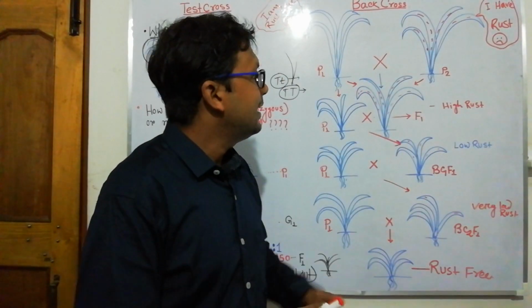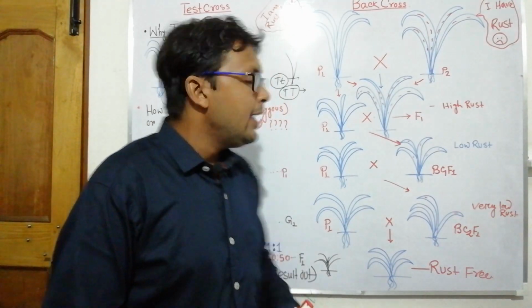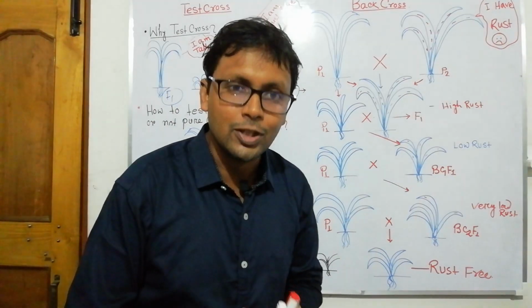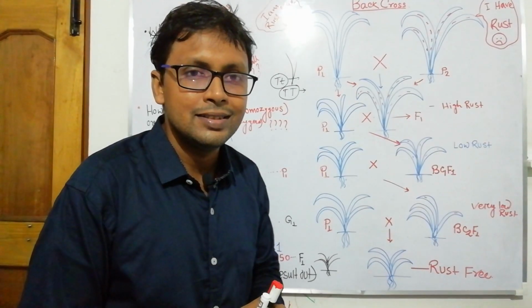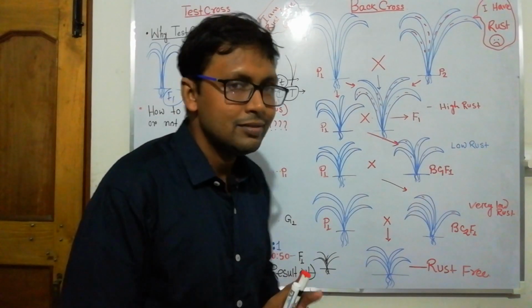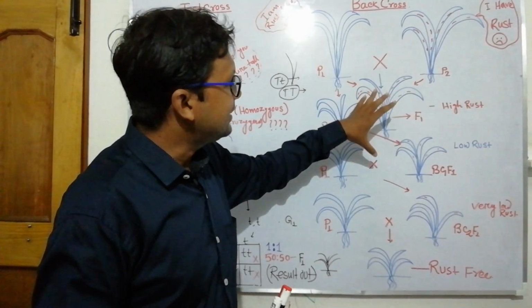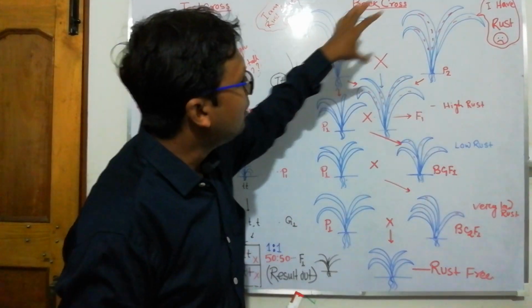But in a back cross, F1 is crossed with either one parent, either this parent or this parent. So a test cross is a kind of back cross, but a back cross is not a test cross.